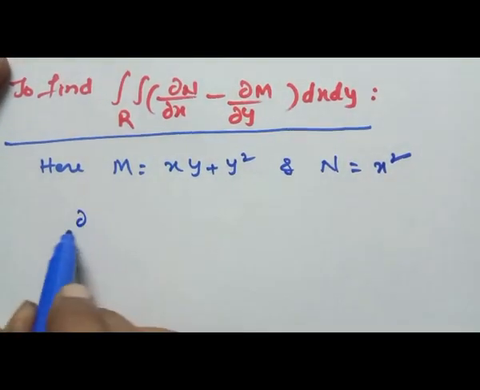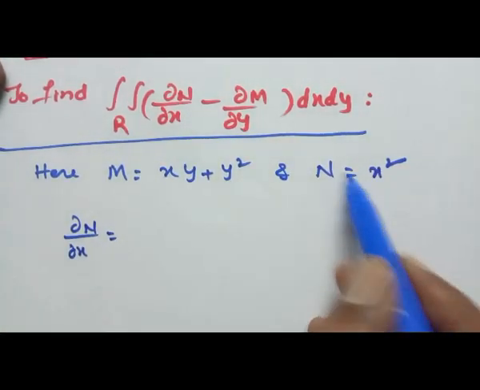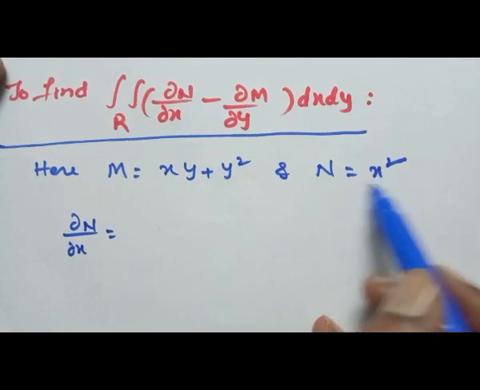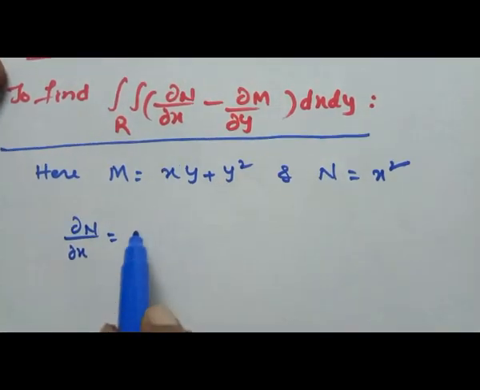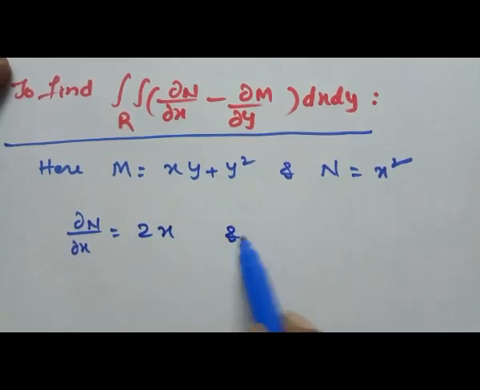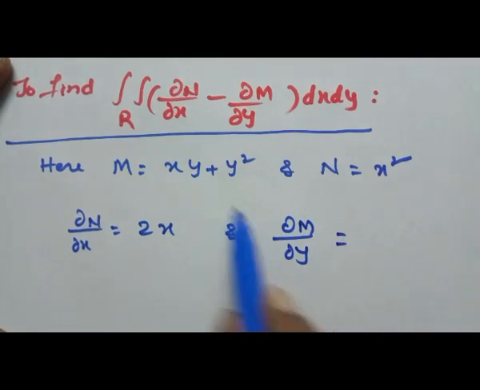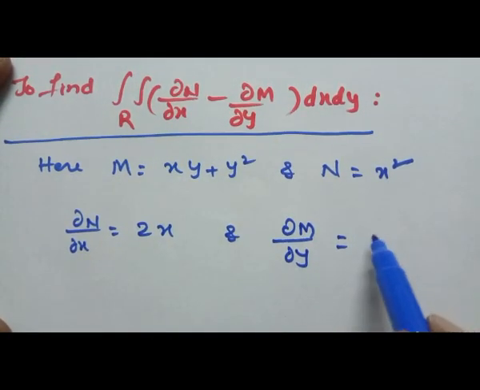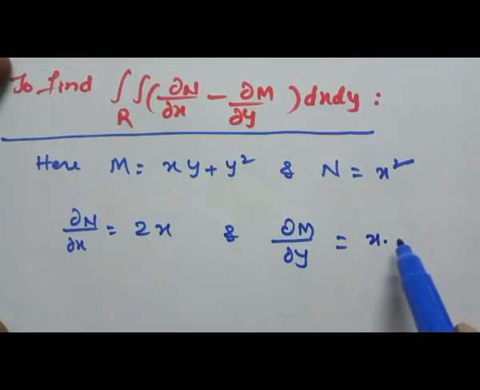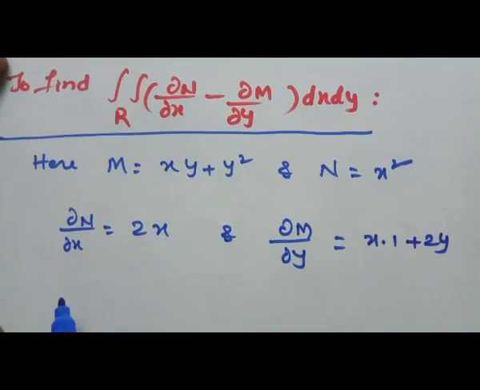Therefore, dou by dou x of n is the partial derivative of n with respect to x, keeping other variables as constants. Here only x square, therefore the derivative is 2x. And dou by dou y of m is the partial derivative of m with respect to y, keeping x as constant.